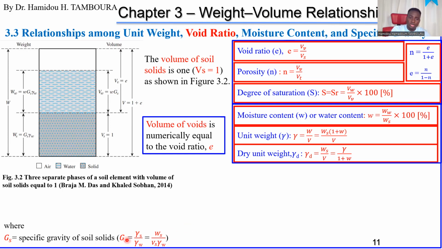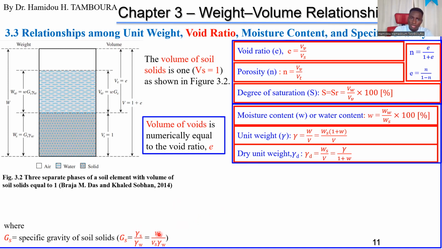Okay, so by using this specific gravity, unit weight of solid divided by unit weight of water. Be careful, it is the unit weight of solid, not total unit weight. Unit weight of solid is the weight of solid divided by the volume of solid.